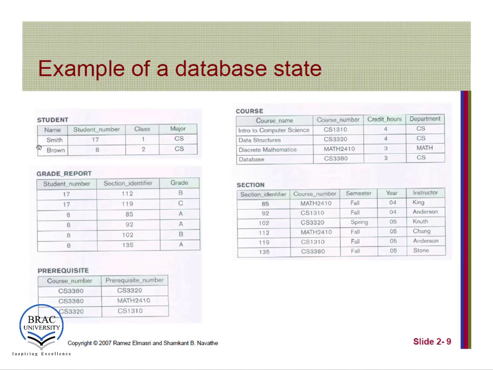So if I add a new student in the student table, the database state will change. If I update the course name of any course in the course table, the database state will change. If I delete a section in the section table, again the database state will change. So any change in the database causes the database state to change.